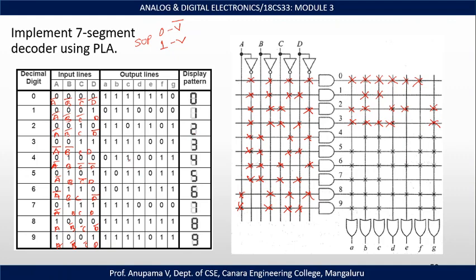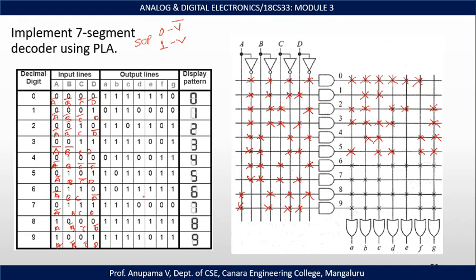Now next entry in the truth table is B is set to 1, C is set to 1 and F and G are set to 1, hence against B, C, F and G I draw the X mark. Similarly, next entry is A is set to 1, C is set to 1, D is set to 1 and F and G are set to 1. Hence, I draw X mark against lines A, C, D and F and G.